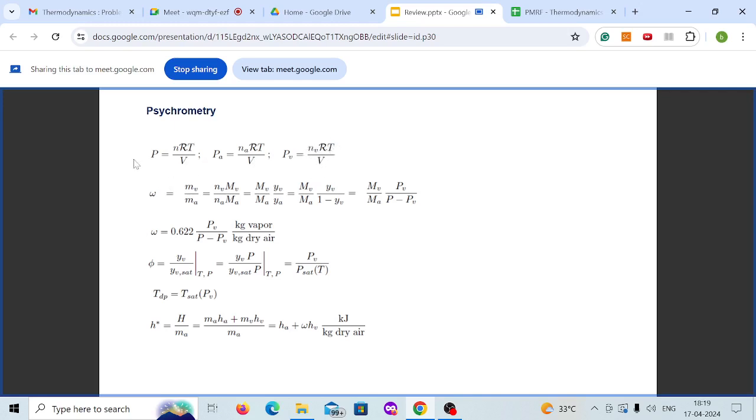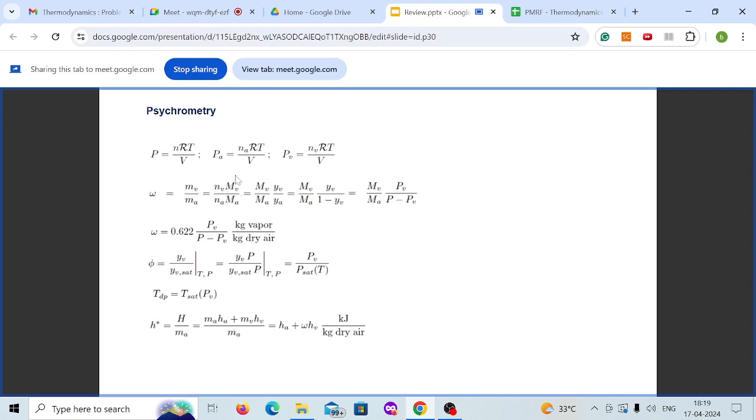And omega is the specific humidity. It says the mass of water vapor present per unit mass of dry air, so mv by ma. If you write this in terms of mole numbers, mass is nothing but moles times molecular weight, so nv into molecular weight of water vapor over na into molecular weight of air.